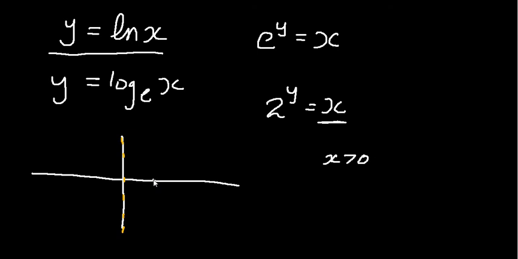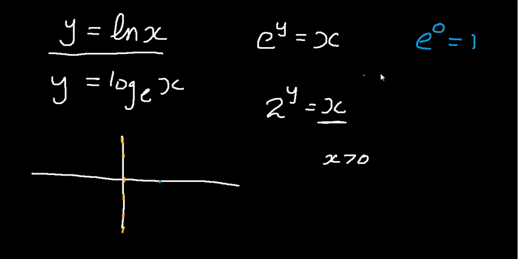When x is equal to 1, y is equal to 0. Just think about this. When x is equal to 1, y would have to equal 0, isn't it? Any number raised to the power of 0 is equal to 1. So when I have x is equal to 1 here, y is equal to 0.